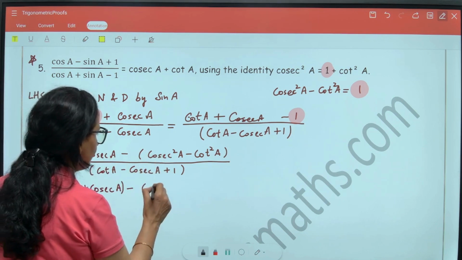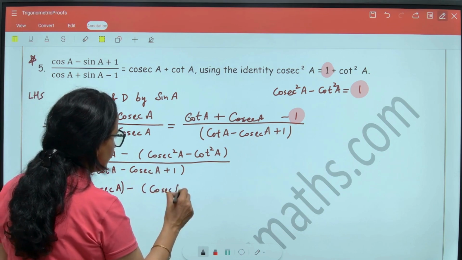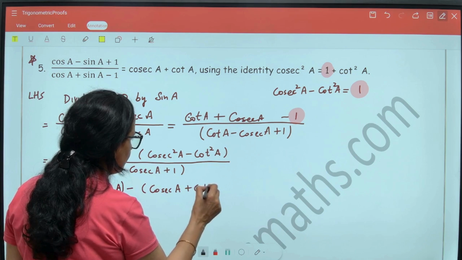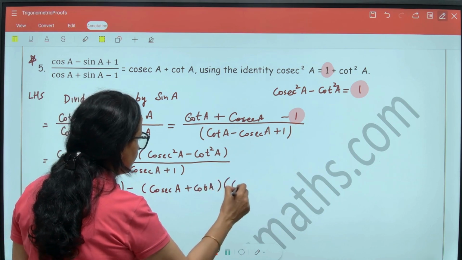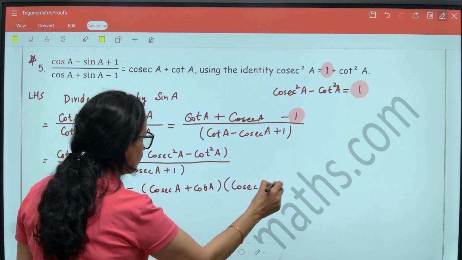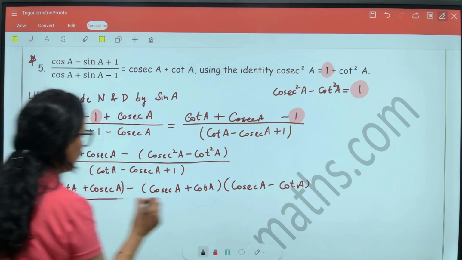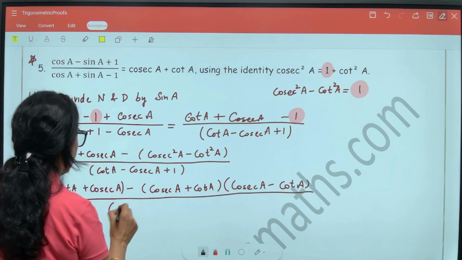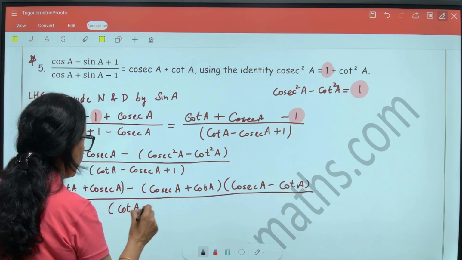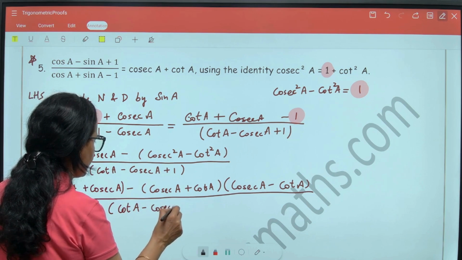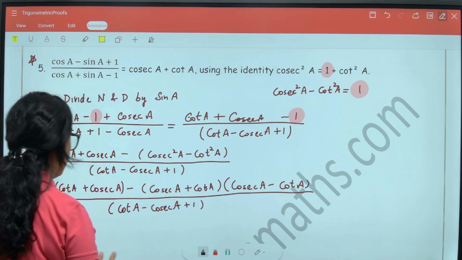Second part has cosec A plus cot A and then cosec A minus cot A, right. Again the denominator will stay whatever it is, cot A minus cosec A plus 1, let it be, right.